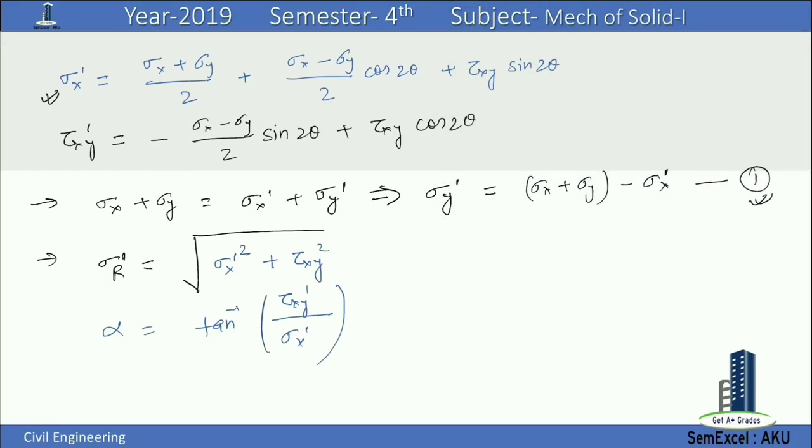Remember, we have to remember only two formulas, that is for sigma x and sigma y, tau xy. And using these formulas we can derive the result of sigma y dash, and then we can calculate the resultant stress and angle alpha.